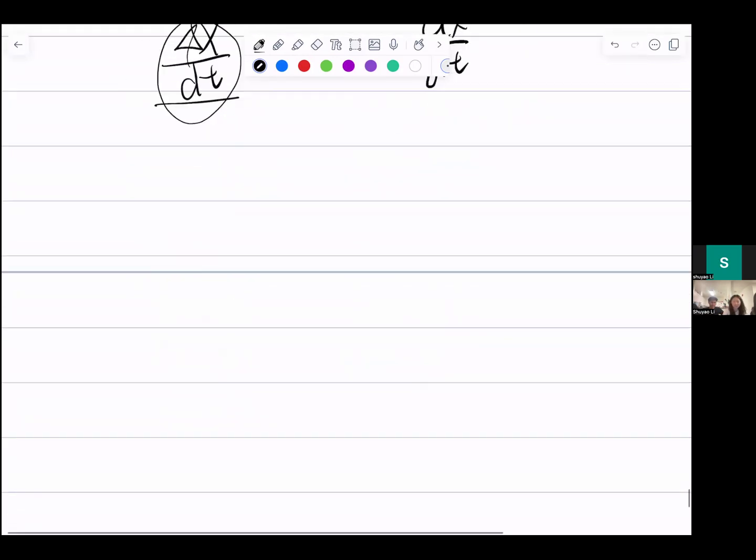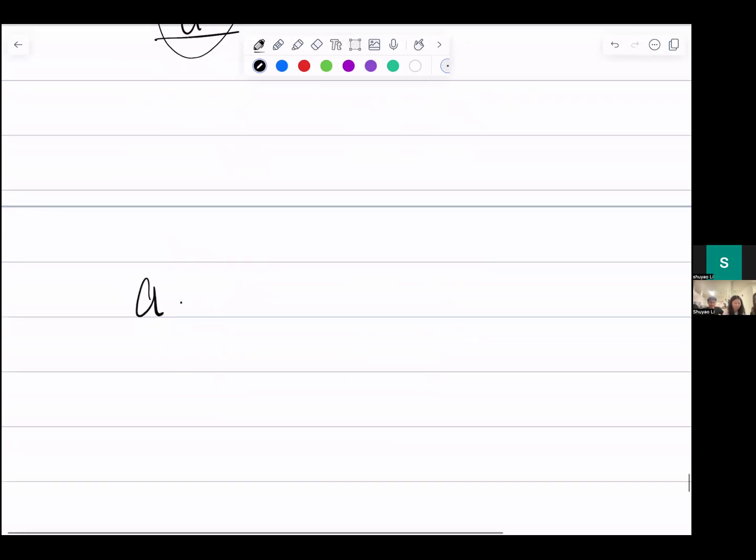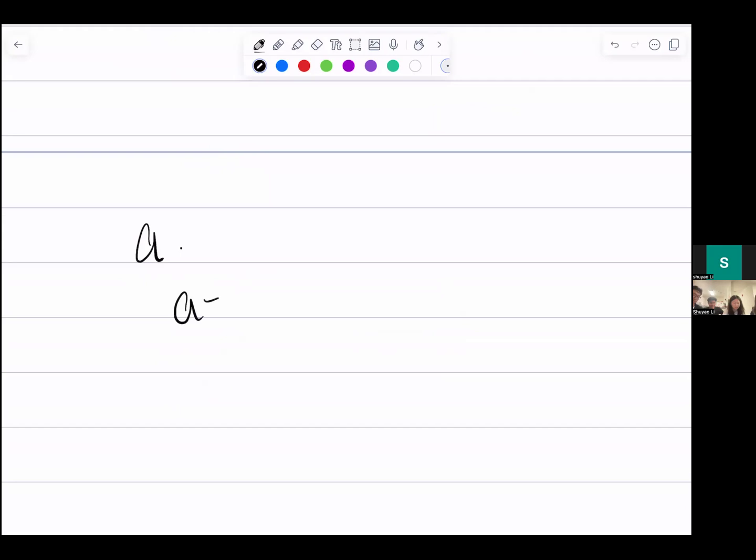And then we jump into acceleration, which I'm just going to name A. It's the derivative of velocity, which is also the second derivative of the position.